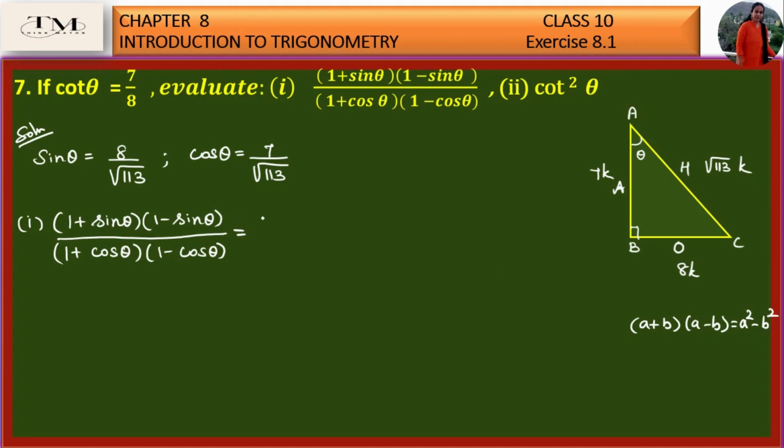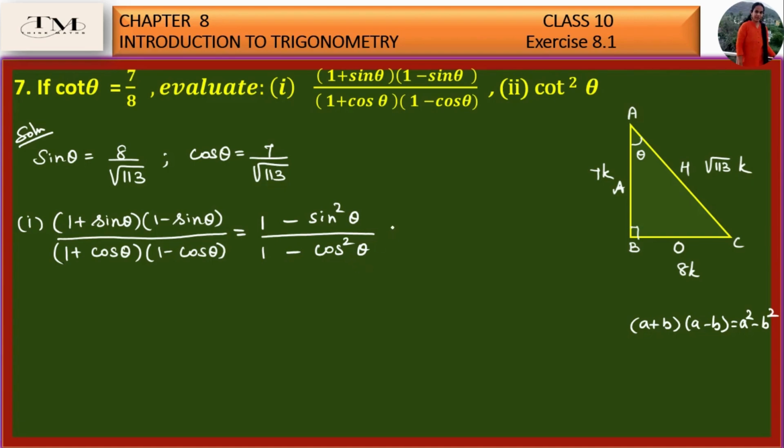So this will be 1 square minus sine square theta divided by 1 square minus cos square theta. 1 square is nothing but 1, so instead of writing 1 square, we can just write 1. So it is 1 minus sine square theta divided by 1 minus cos square theta.